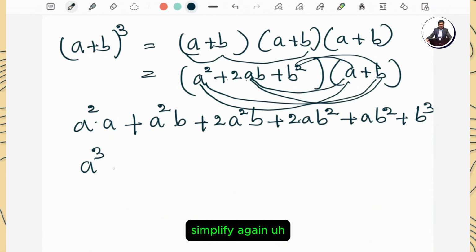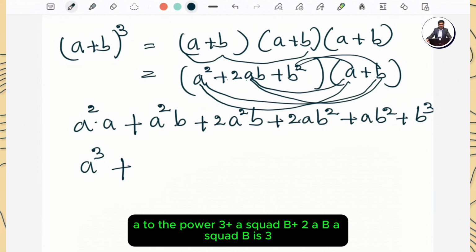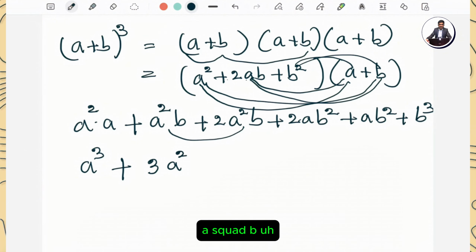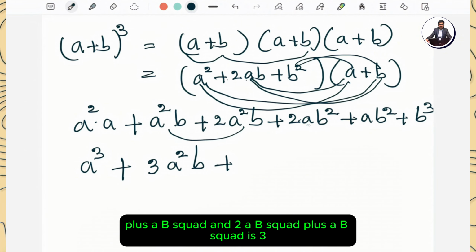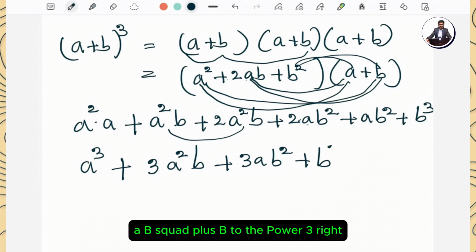Simplify again: a to the power 3 plus a squared b plus 2a squared b is 3a squared b, plus ab squared and 2ab squared, which is 3ab squared, plus b to the power 3.